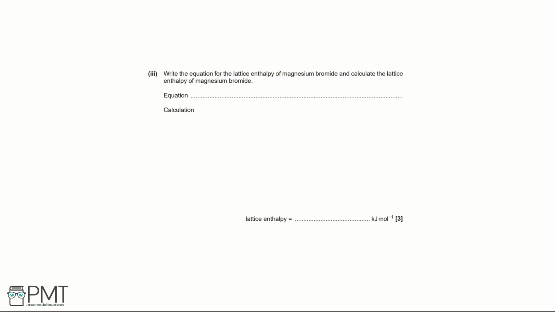Part 3. Write the equation for the lattice enthalpy of magnesium bromide and calculate the lattice enthalpy of magnesium bromide. So let's start with the equation for the lattice enthalpy of magnesium bromide. This is a little bit of recall in terms of what a lattice enthalpy equation is. So it's where you get your ions, so Mg2+ as a gas, and Br- as a gas, and you form your solid.